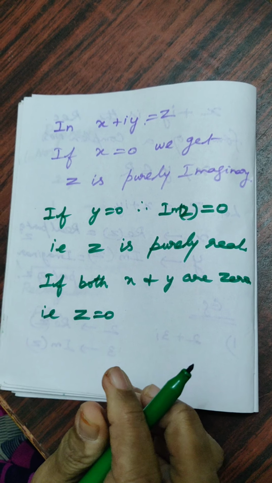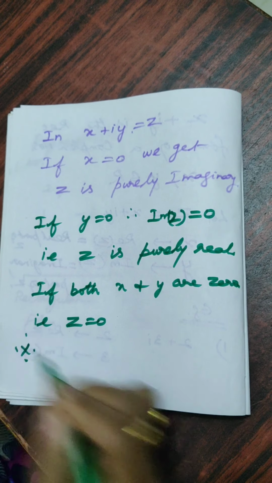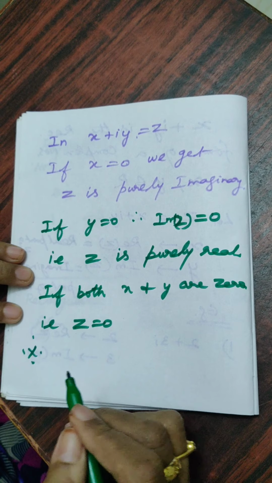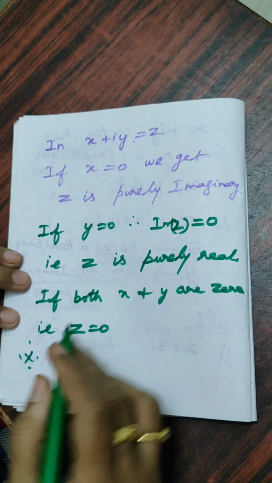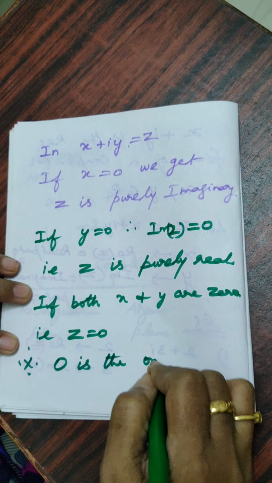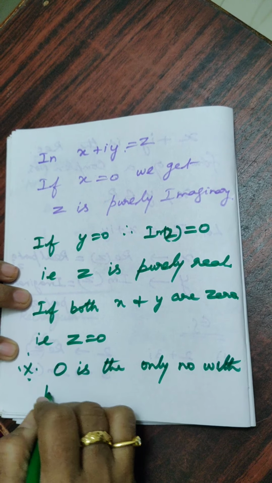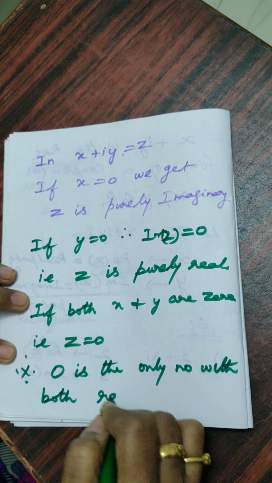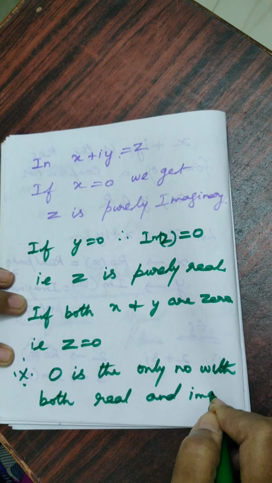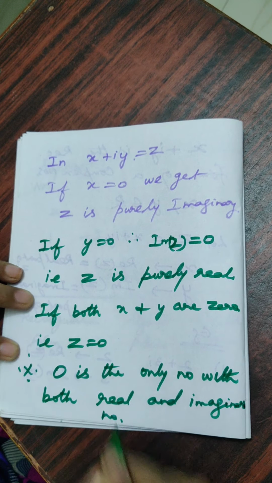This is a very important result: 0 is the only number which is both real and imaginary. So we can say 0 is a real number as well as an imaginary number. Is it clear now?